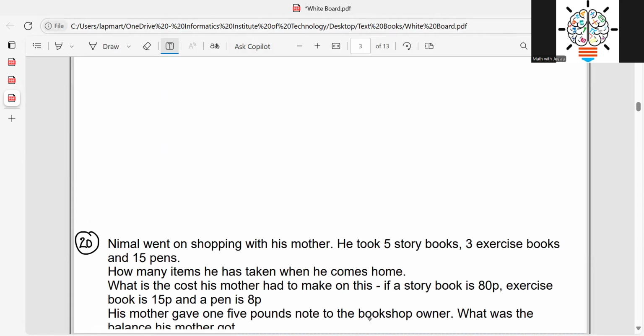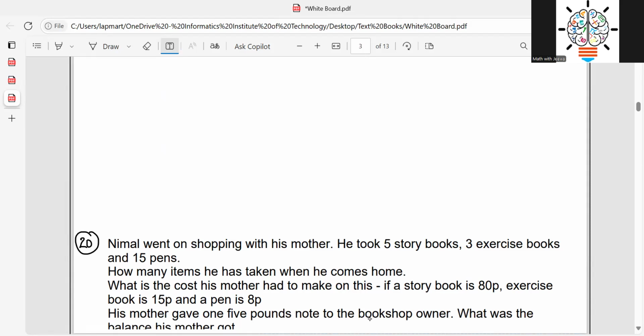So we just see that he has bought 5 storybooks, right? So you understand 5 storybooks, and one storybook is 80 pence. So you want to understand what the cost is for that. Then he has taken 3 exercise books.